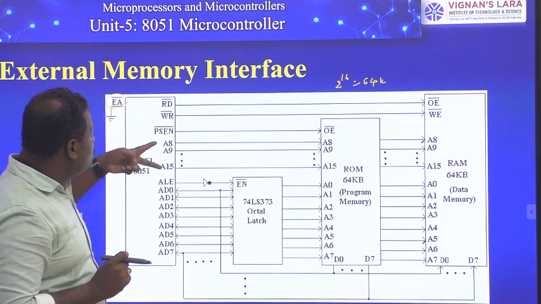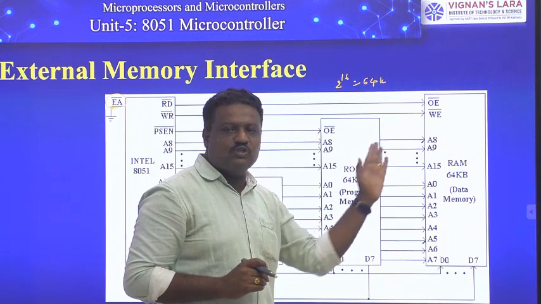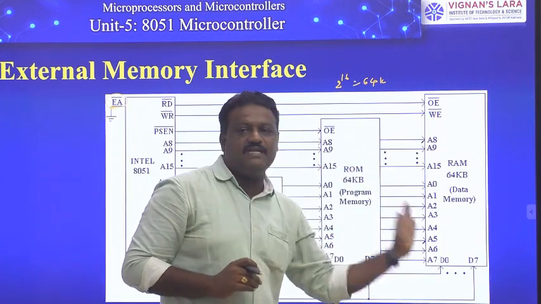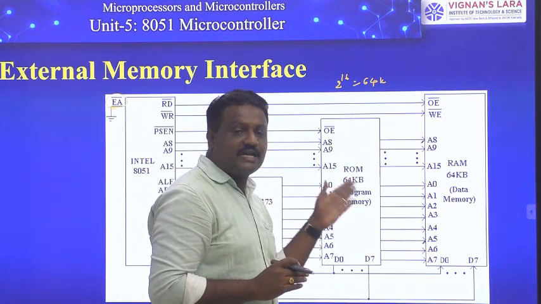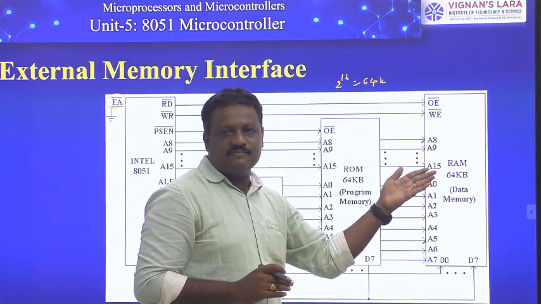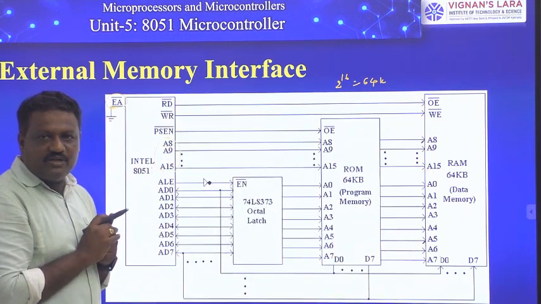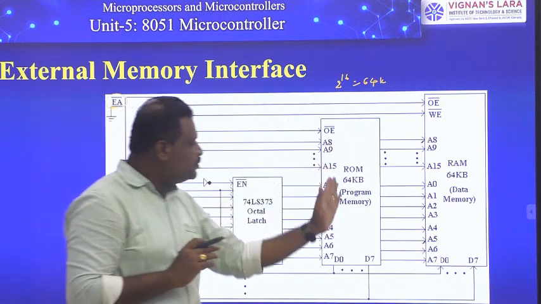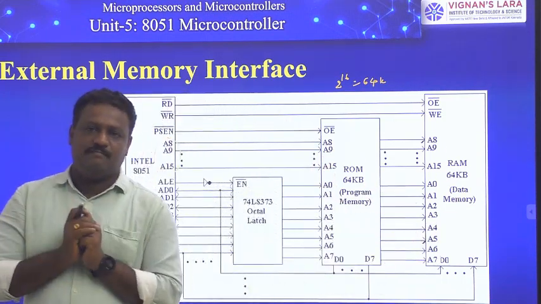Those 8 address lines are directly connected to both my read-only memory as well as random access memory. Don't consider, guys, that these address lines are connecting from this ROM to RAM. These are overlapping connections. So these 8 address lines, that is A8 to A15, are connected to both the read-only memory as well as random access memory in parallel.